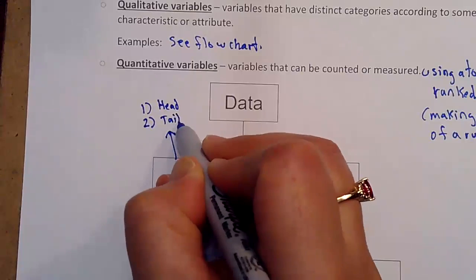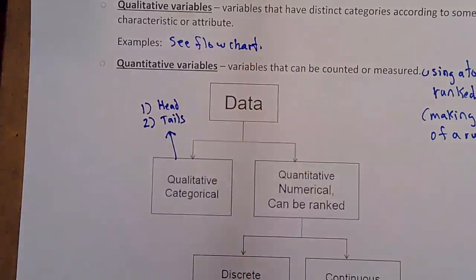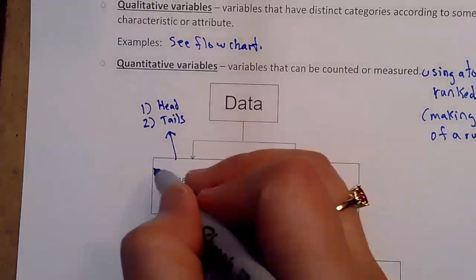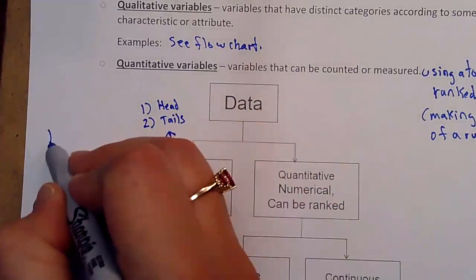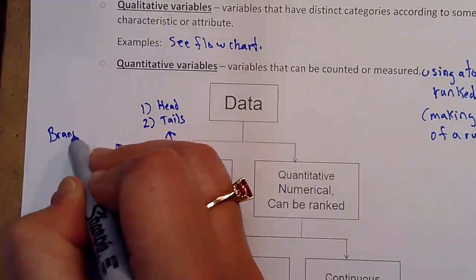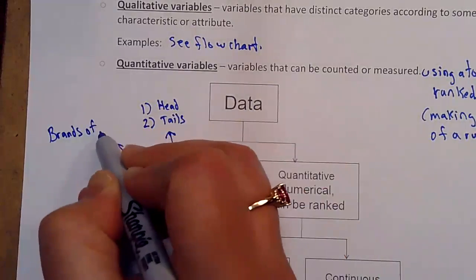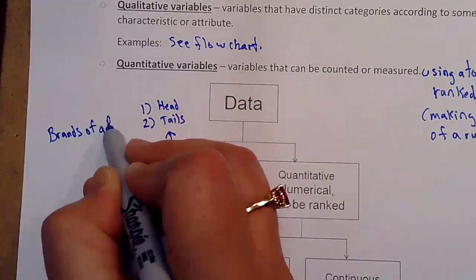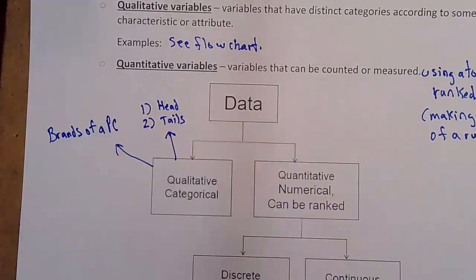Did it fall under tails? So you're just keeping track. Was it heads or was it tails, right? Also, brands of a PC, okay? So like, is it a Hewlett Packard or is it a Gateway computer? And so brands of PC.